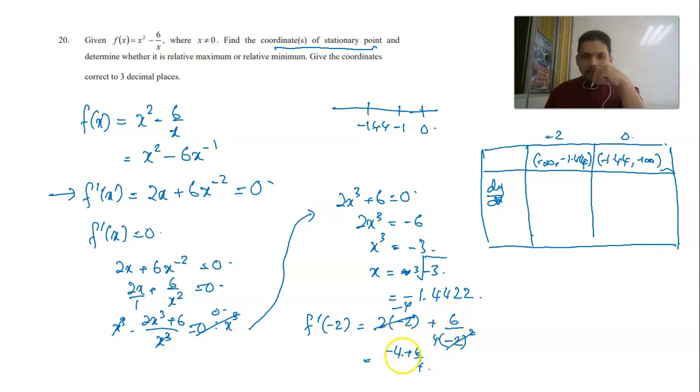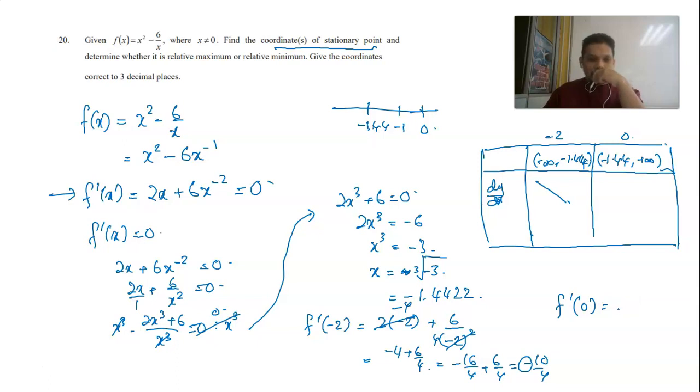So negative 4 times 4 is negative 16 over 4, minus 6 over 4, which is negative 10 over 4. So when negative, the gradient is decreased, and then f prime, let's say x equals 0.